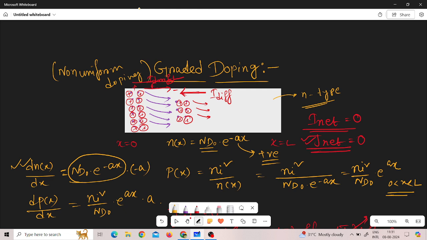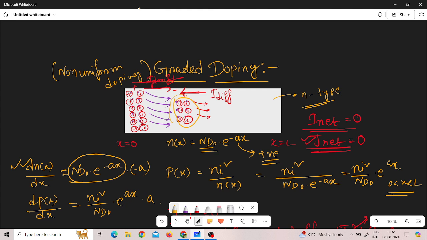So here, as we can see, the electron concentration is high here and low there, so electrons try to diffuse from left to right, in the positive x direction, and diffusion current is flowing in the negative x direction.